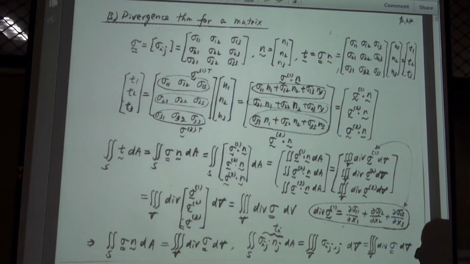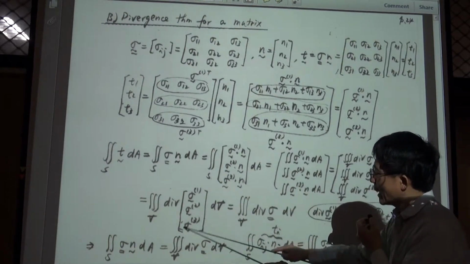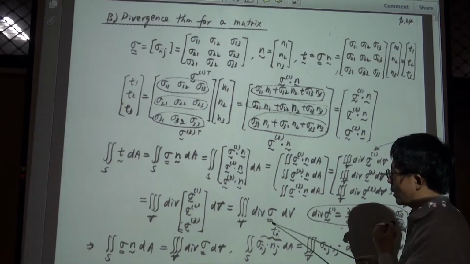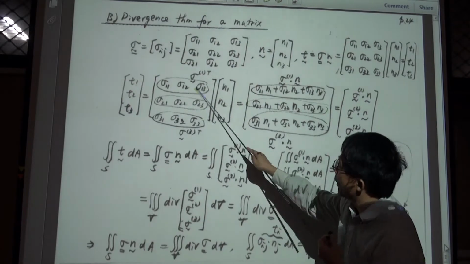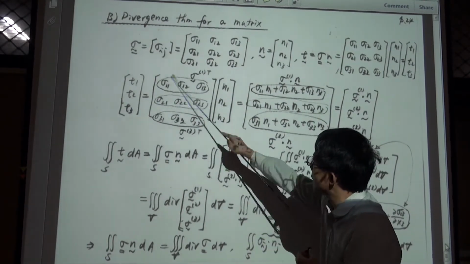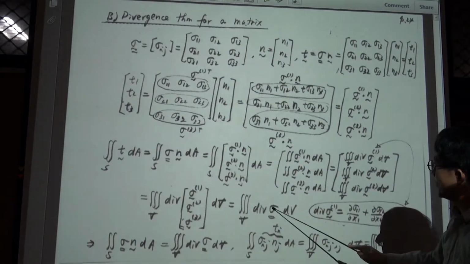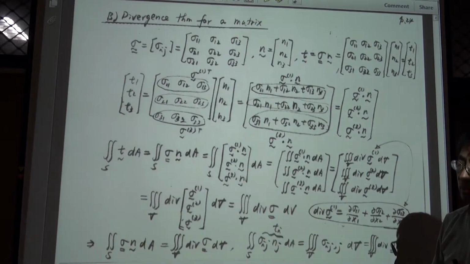Okay, and then this row vector means that this is the stress matrix, right? So this is the stress matrix. Okay, this one. So we put it like this: divergence of the stress matrix.